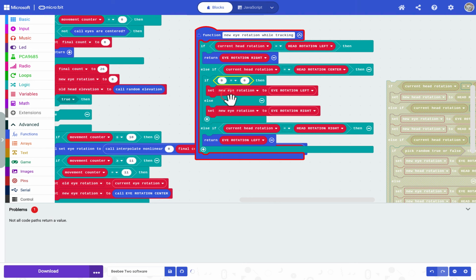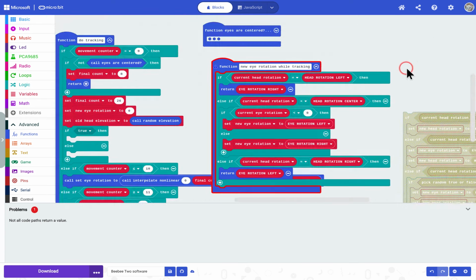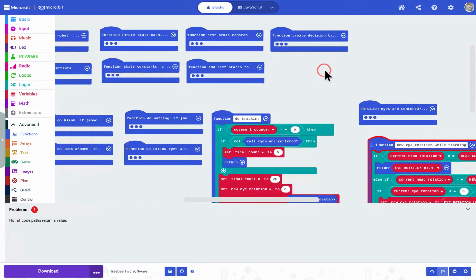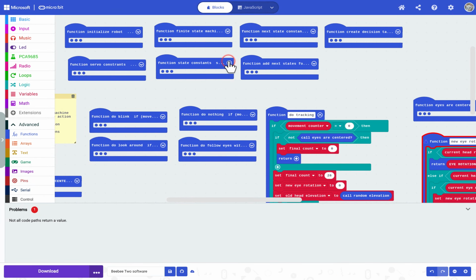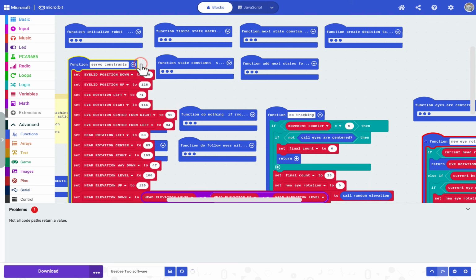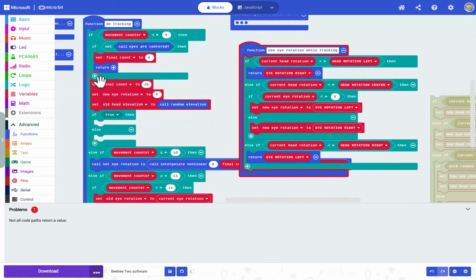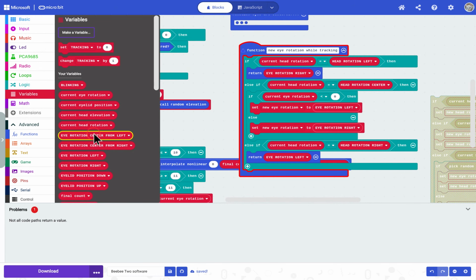So if current eye rotation is less than, meaning it's to the left of, and I want to get the smaller one. So let's look at state constants. No, I want servo constants. Yeah. So the smaller of the two is this 90 degrees, eye rotation center from the right.